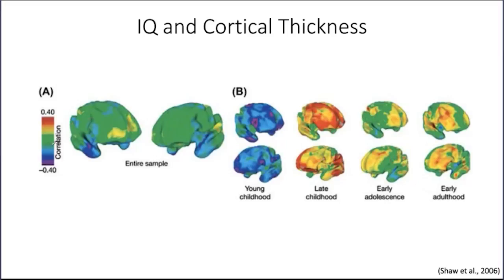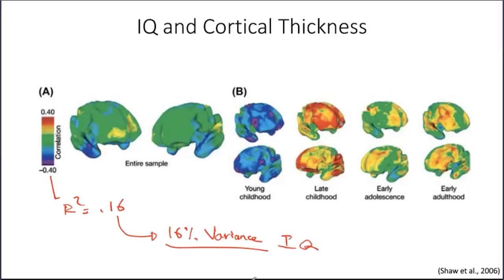And do not forget that even when we are talking about the correlation between cortical thickness and IQ, you need to be careful that we are talking about, in the best case scenario, R of 0.4. It means that the R2 would be 0.16. It means that you are just explaining 16% of the variance in the IQ data by cortical thickness, which is still really good.